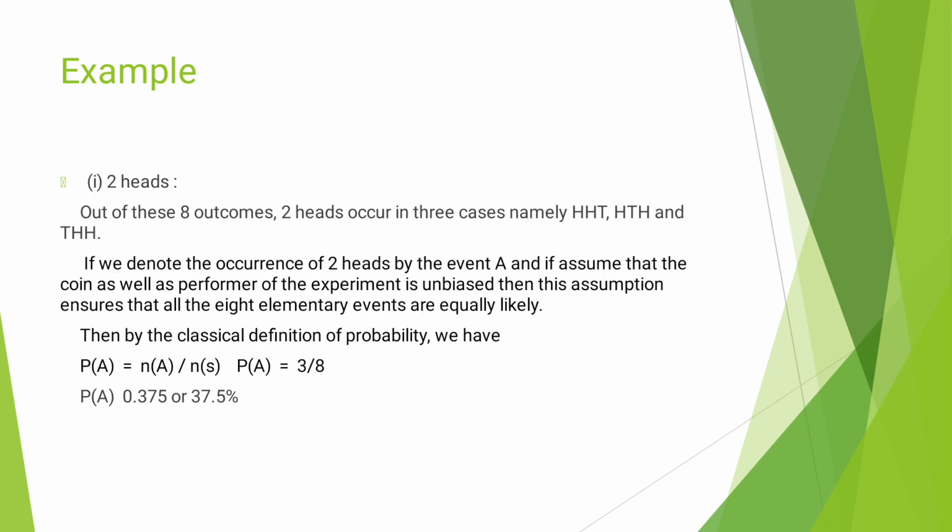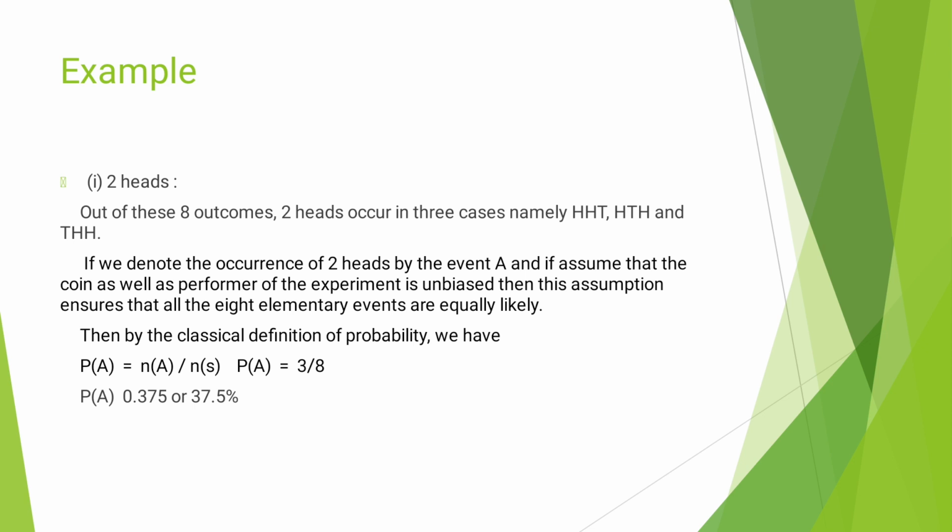Out of these outcomes, two heads occur in three cases, namely head head tail, head tail head, and tail head head. If we denote the occurrence of two heads by the event A, and assume that the coin as well as the performer of the experiment is unbiased, then all the eight elementary events are equally likely.